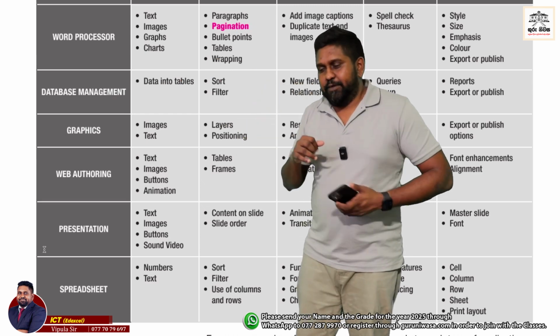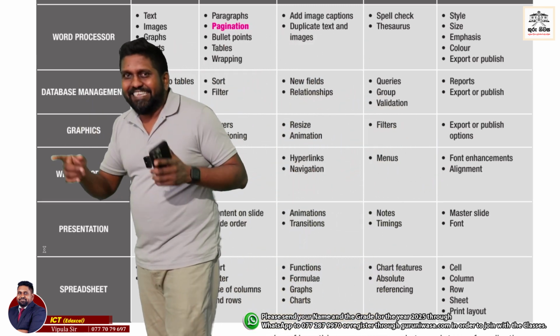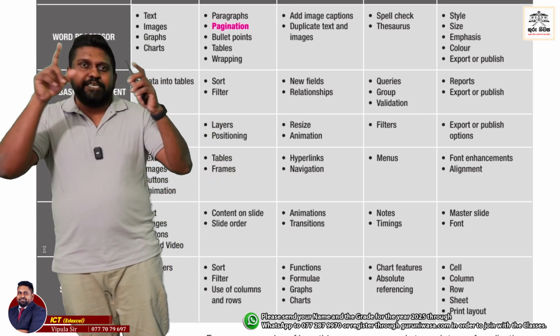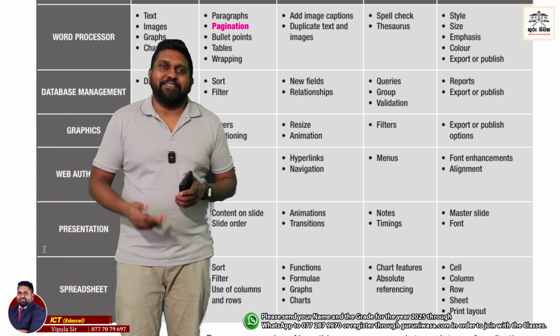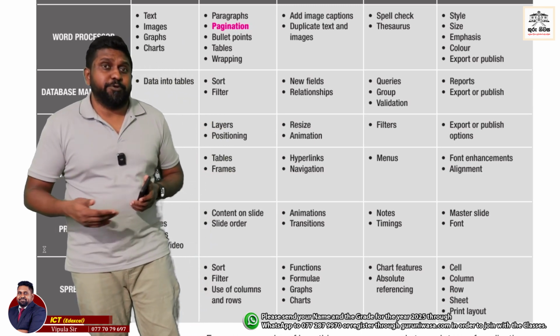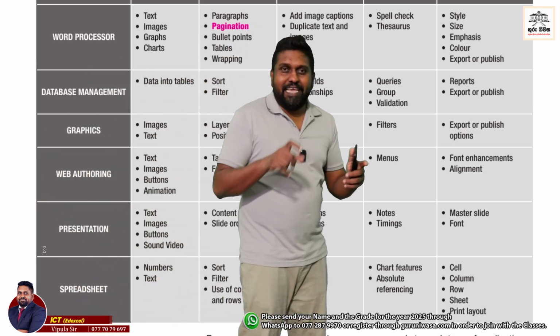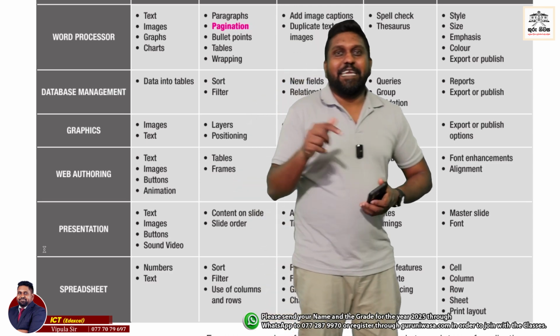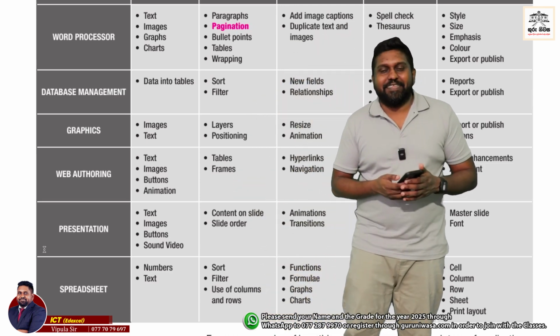The print layout will basically show you what can fit into that A4 sheet or A5 sheet or A3 sheet, whatever the sheet you are going to print. It will show you the print size and the content which can be put into that sheet. Okay, that's what we call a print layout.